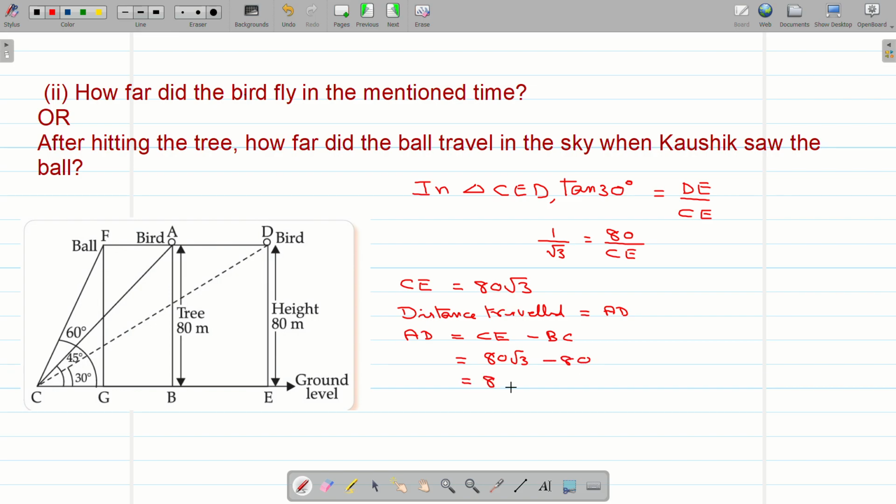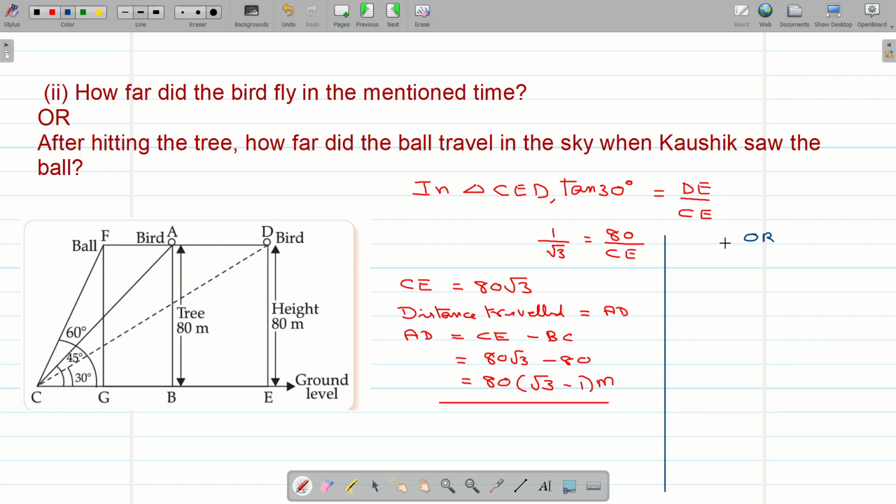So 80 into root 3 minus 1 meters. The distance traveled is 80 into bracket root 3 minus 1. Or you don't need to do both, only one part you have to solve.